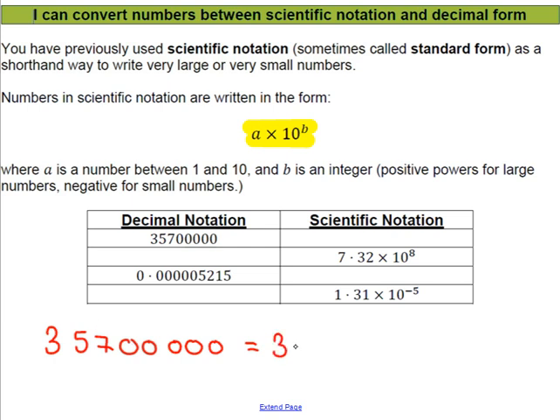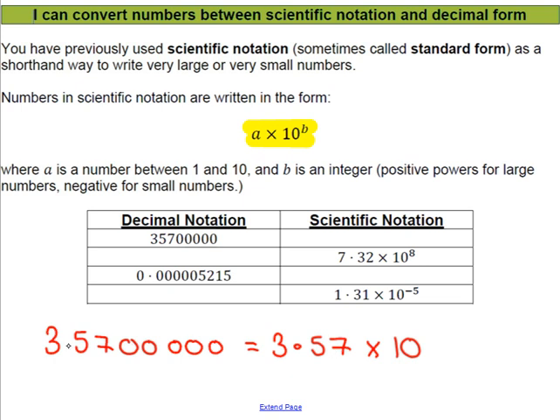So I start with 3.57, which will be the basis of my scientific notation number, and it will be times 10 to the power of something. Now note that I've used 3.57 here. I can't use 35.7 or 357. It has to be between 1 and 10.